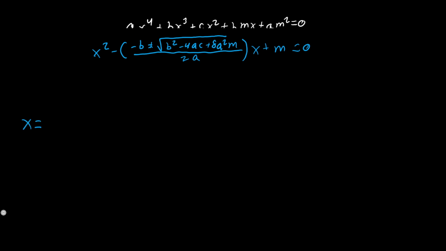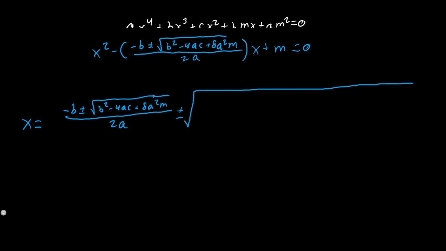We will have x is equal to, since this is negative, it will just be positive, leaving us with minus b plus or minus the square root of b squared minus 4ac plus 8a squared m, over 2a, plus or minus the square root of this expression all squared, minus b plus or minus the square root of b squared minus 4ac plus 8a squared m, over 2a, squared, minus 4m. And that is all divided by 2.